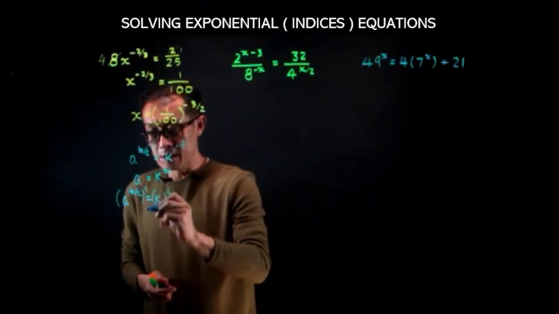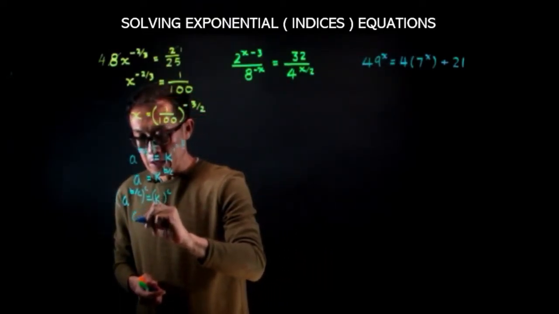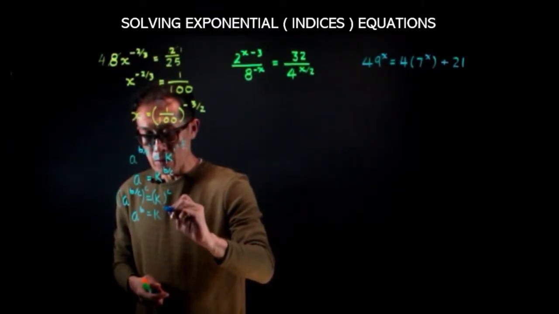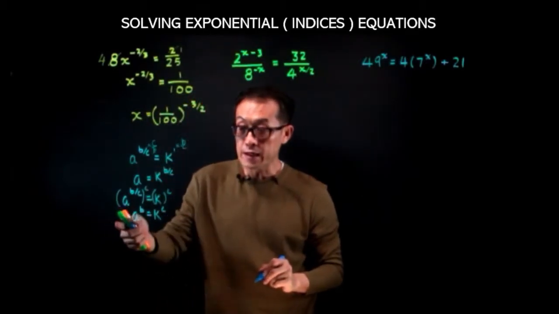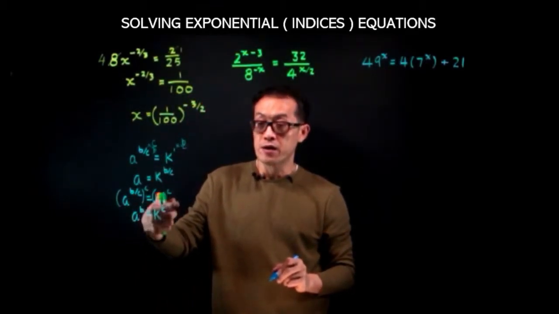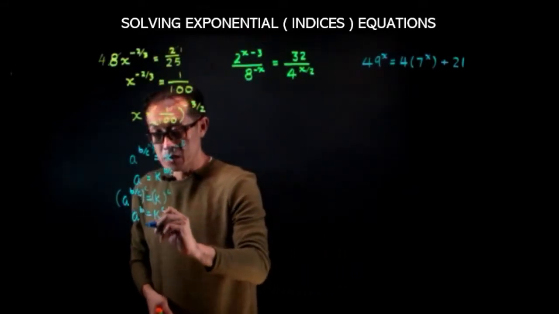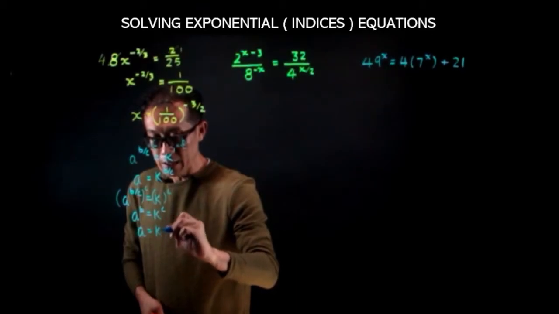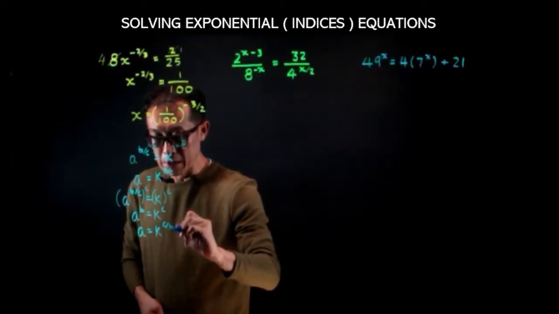Then I get a to the power of b is equal to k to the power of c. Then I do the root b on both sides. So I will get a is equal to k to the power of c over b.